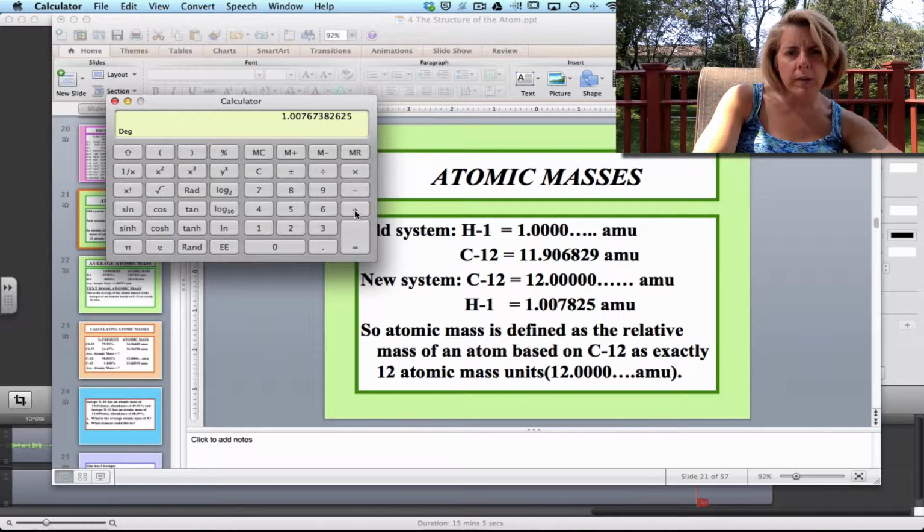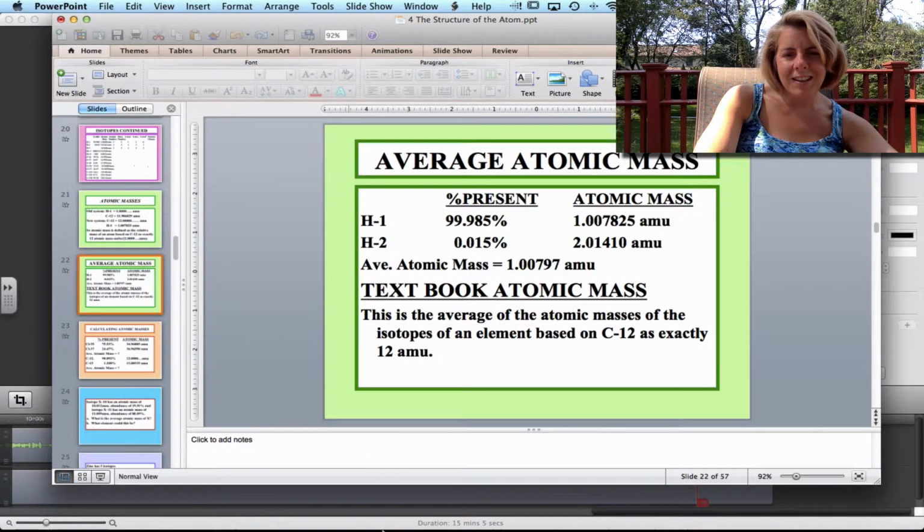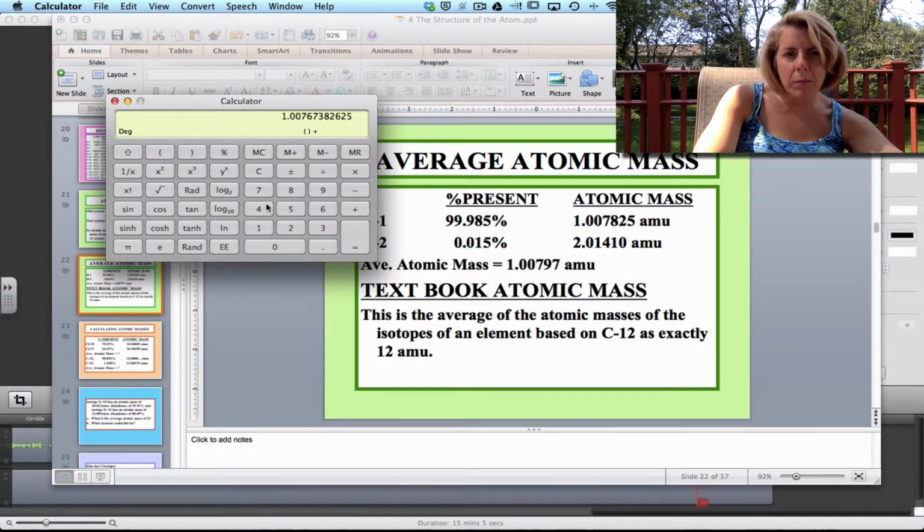And to that, I'm going to add, and you want to use parentheses, 0.00015 times 2.01410.